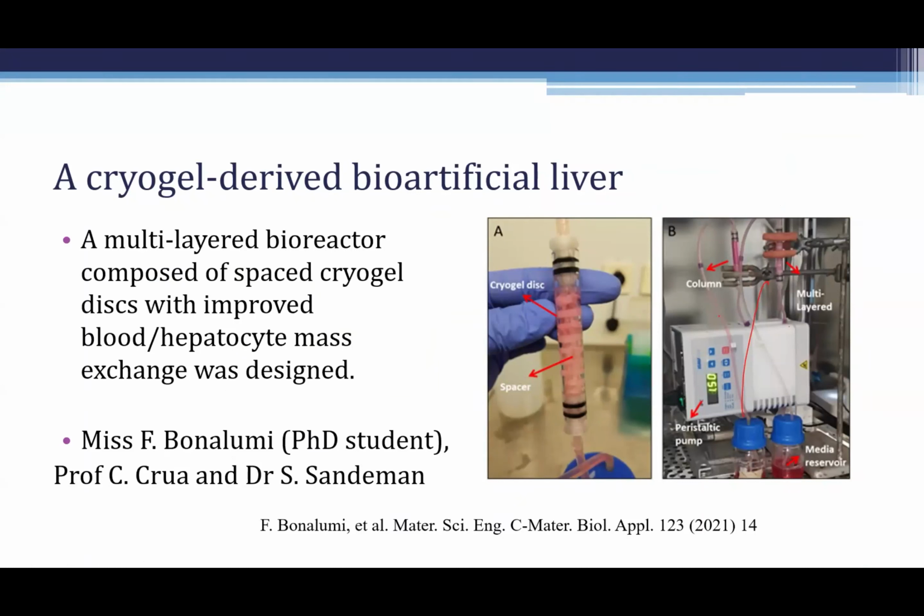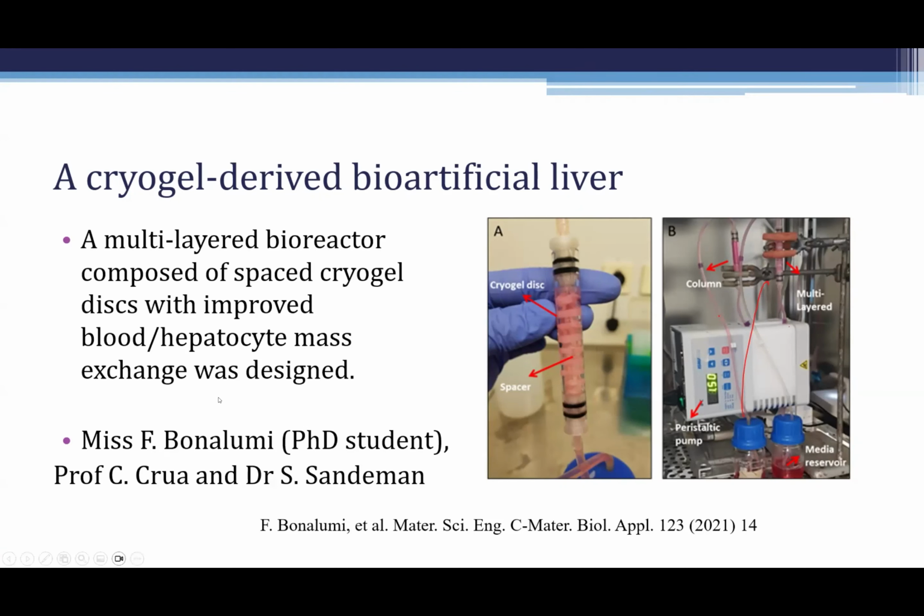You probably know that liver disease affects quite a lot of people, and one of the solutions is to use a donor liver, but not everyone can survive until an appropriate donor liver is available. So there is a need for some kind of material which can perform, to a certain level, the activities of the liver, to get patients to the operation which is required.